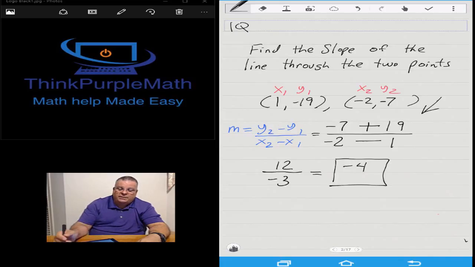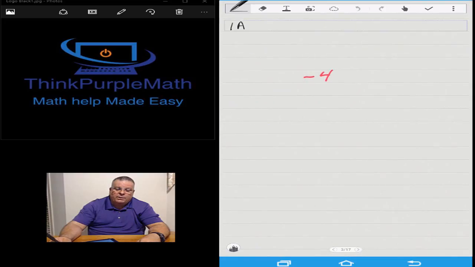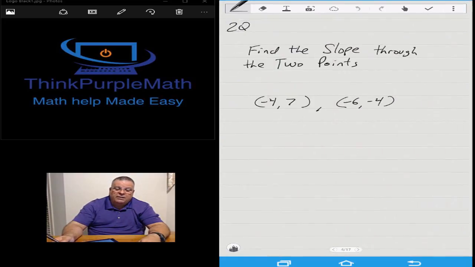And I always remind my students, if you have a negative slope, whether it's a fraction or an integer or a whole number or what have you, put the negative on top. You could think of this as negative 4 over 1 if you'd like, but put the negative in the numerator. That'll come into play later. There's our negative 4.